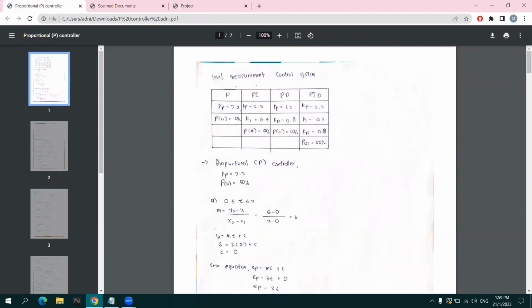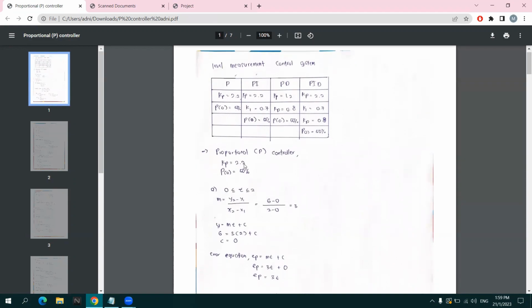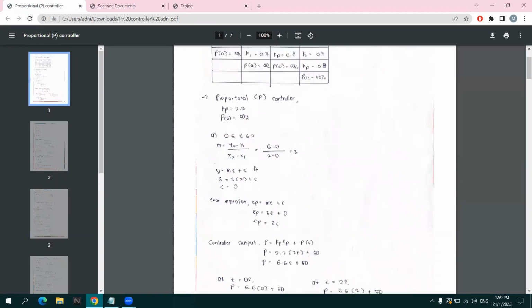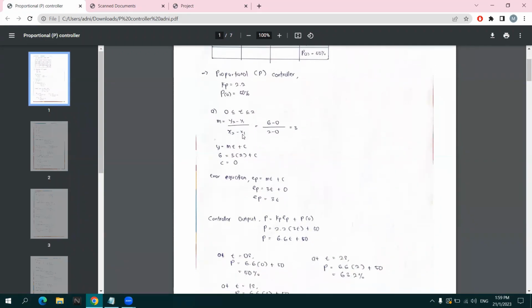Okay. So based on the requirement given, which is proportional controller, KP equals 2.2, P output equals 50%. And then this is our formula that has been given, which is M equals Y2 minus Y1 over X2 minus X1.